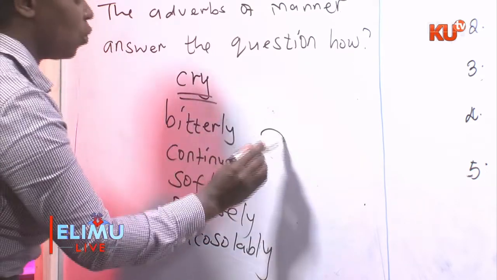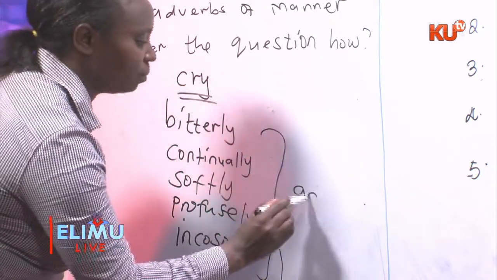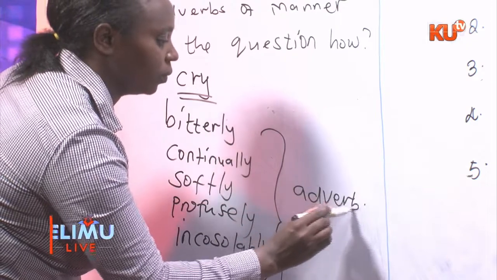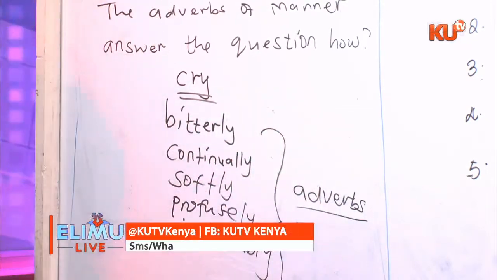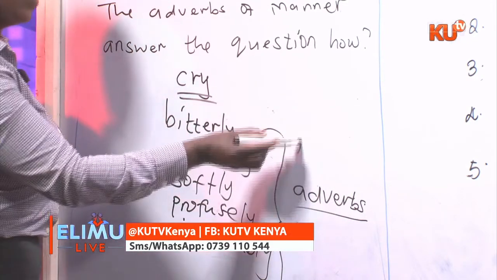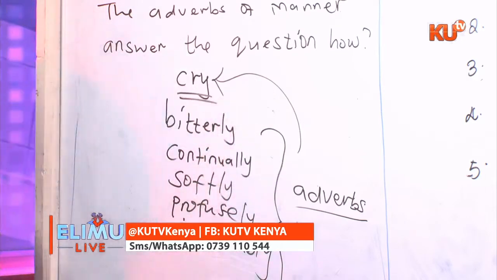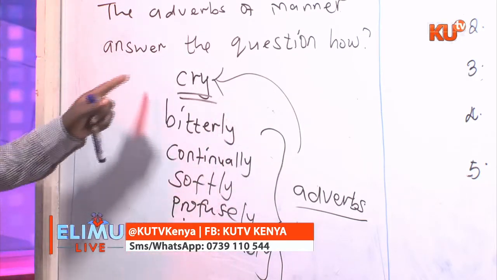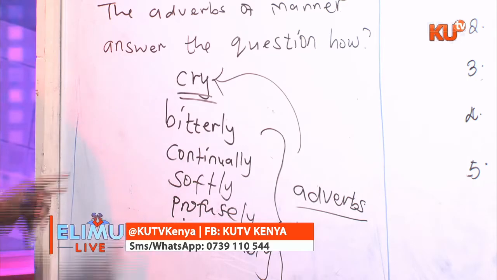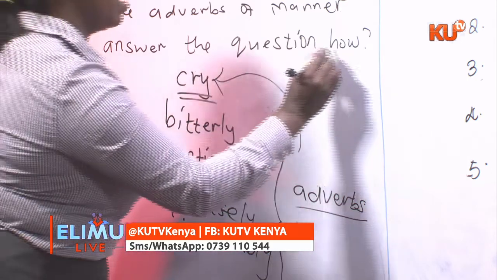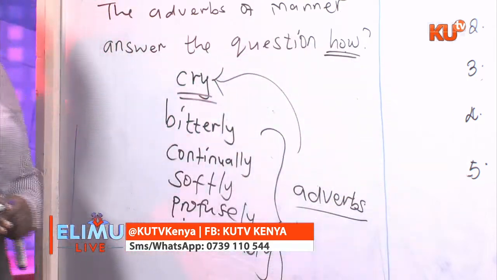Therefore, all these words, they are adverbs. They are adverbs modifying the verb cry. They are telling us how the person cried. They are telling us how. Therefore, they are answering the question how.